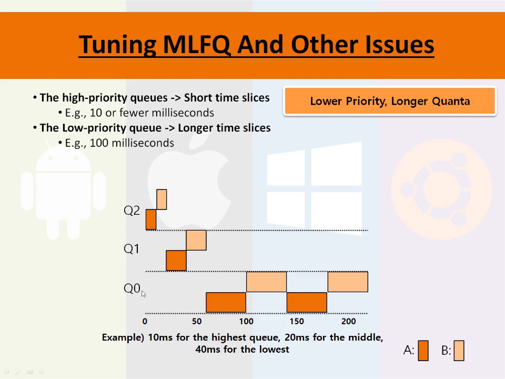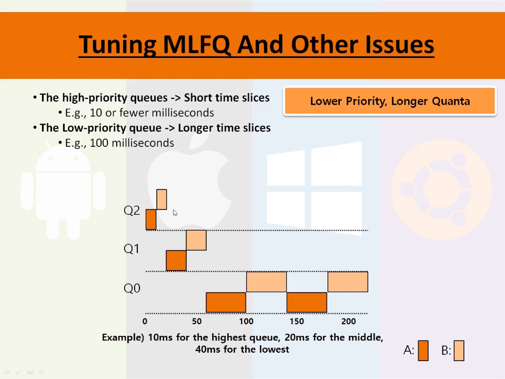Because what you would think is that, well, if you're in the lowest queue, that means you're a long-running job that uses the CPU quite intensively. So these jobs should be given a little bit more time to process. And if you're in a higher queue, well, you're the type of job that is either very quick, or you give up the CPU quite frequently in terms of input-output requests.